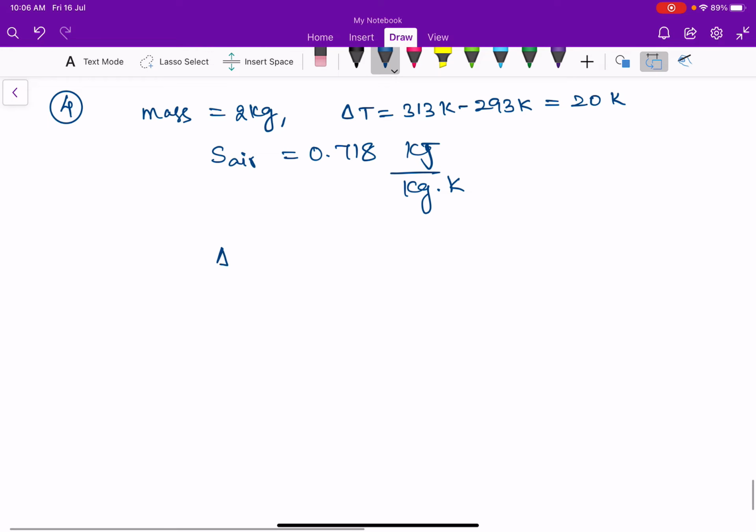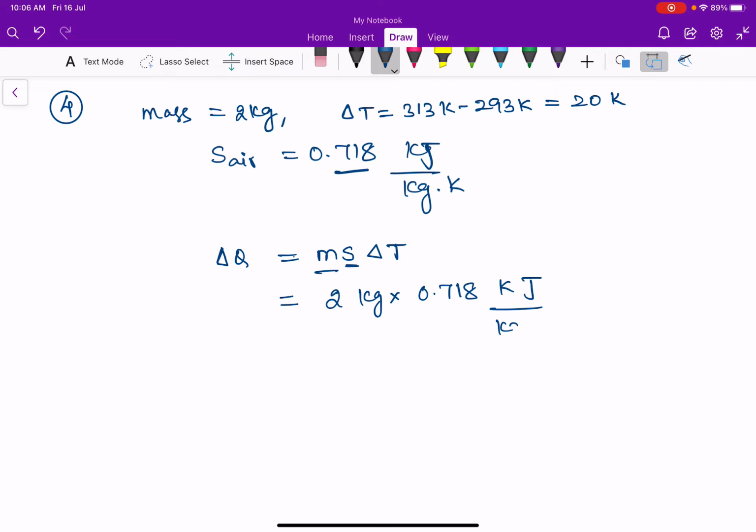So heat absorbed, delta Q, is equal to, simply, since the temperature is changing, we apply the m s delta T formula. The mass here is 2 kg, into the specific heat capacity of air, 0.718 kilojoules per kilogram per Kelvin, into delta T, which is 20 Kelvin.